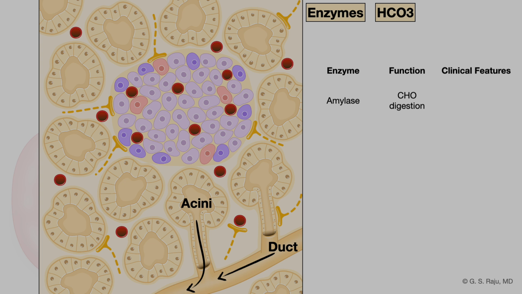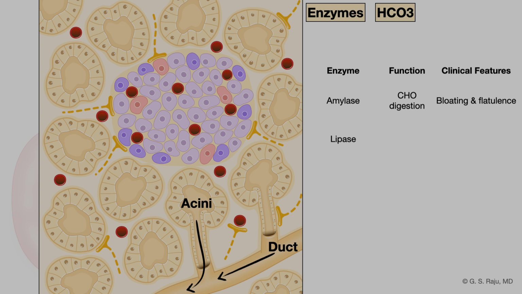If there is not enough amylase going down into the duodenum, the carbohydrates don't get digested, and as they go down the stream, the bacteria ferment the carbohydrate, the starches, resulting in gas, bloating, and flatulence. So something to keep in mind. Bloating and flatulence, you should think maybe there is a carbohydrate digestion absorption problem.